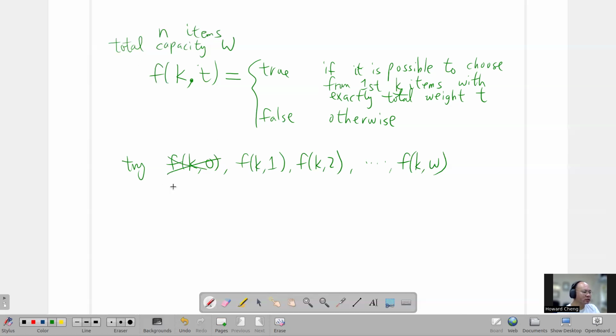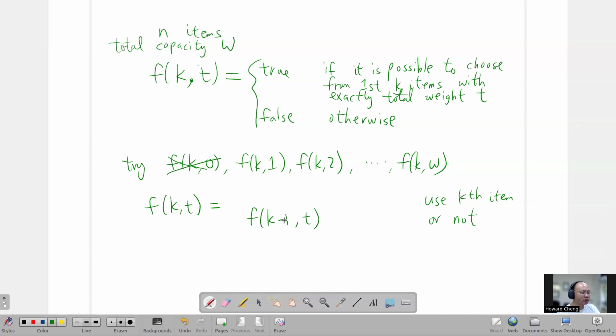Okay, so how do we do this? Well, the idea is that if you want to form a capacity T using the first K items, you can decide either to use the kth item or not. If you decide not to use the kth item, then you just remove it. You still have to form the same sum. And you just ignore the last element.